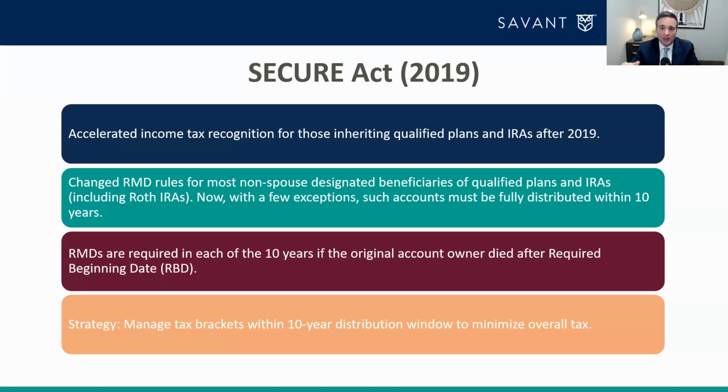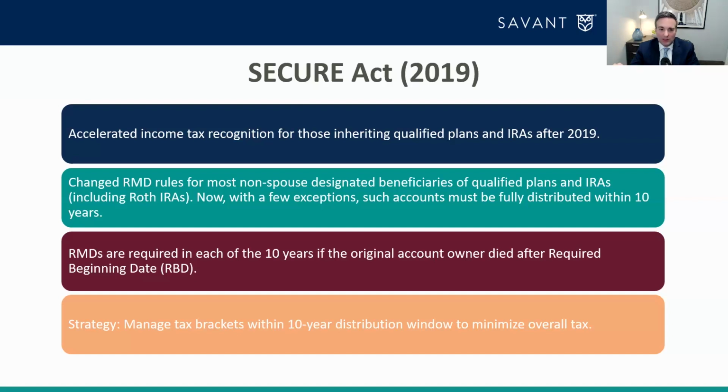So very common. If you've lost a loved one recently, you may have inherited an IRA account, or like I said, a 401k. So what are the big takeaways? And what do you need to watch out for? Well, prior to the passage and effective date of the Secure Act, if you received a retirement account in the form of an inherited IRA, let's say, you had basically your actuarial life expectancy to keep that account open and take distributions from.